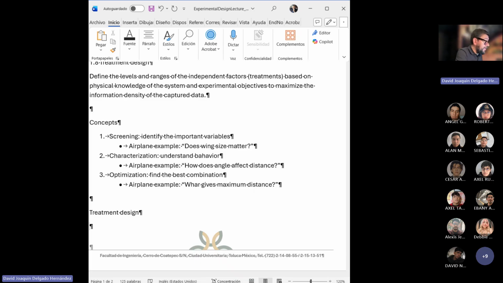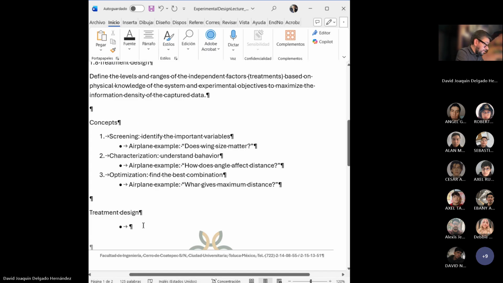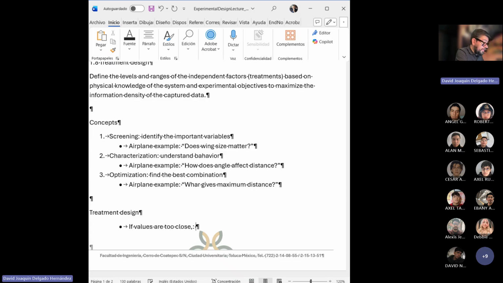But here you should be very careful about the following. If values are too close, then you have no learning.